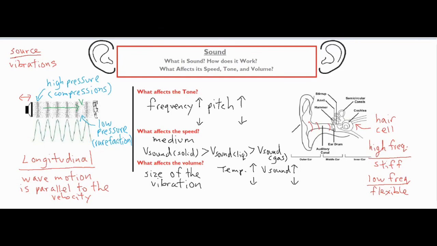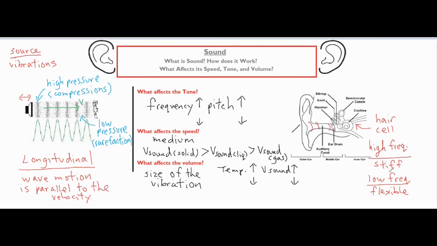So inside the cochlea, there are thousands of little hair cells, and the smaller hairs that are a little bit more stiff have a higher resonating frequency. So once those high-pitched sounds come in, they only wiggle certain hairs, and those ones send signals to your brain that you hear high-pitched sounds.